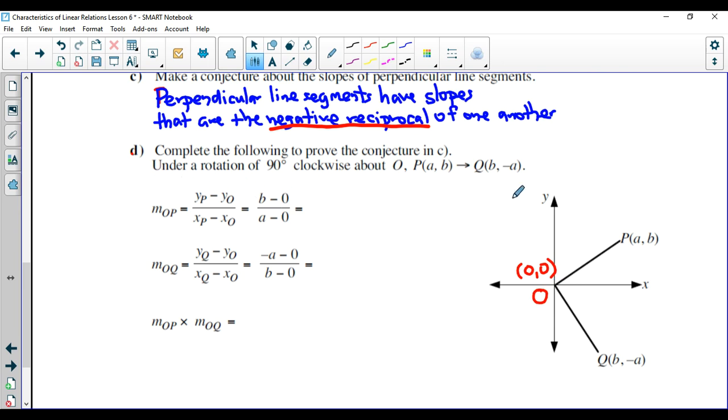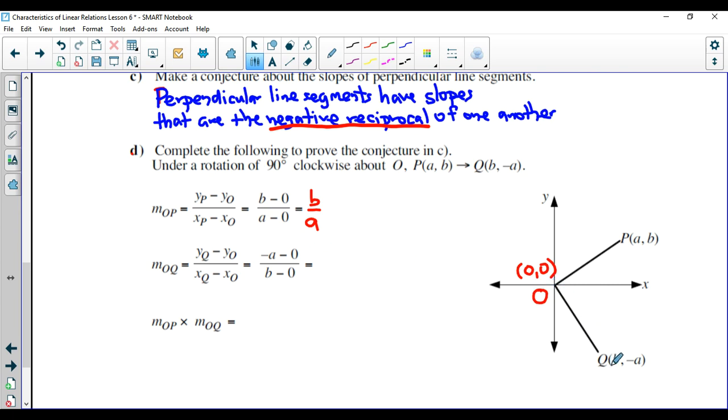So here, to figure out the slope using that endpoint formula, it'd be YP minus YO. The Y coordinate of point P is B here. The Y coordinate of point O is 0, so you'd have B minus 0, which is B. XP minus XO. The X coordinate of point P is A, and the X coordinate of point O is 0, so this would just be B over A.